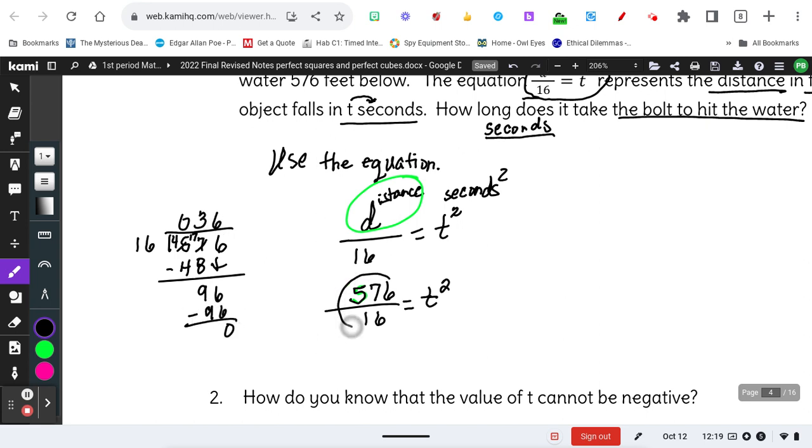So that means when I divide this, I get 36. So 36 is equal to t squared, okay?